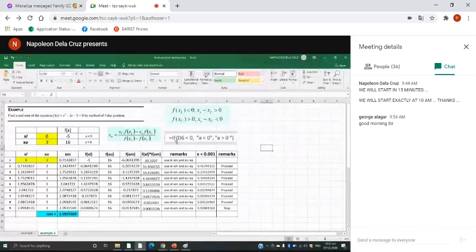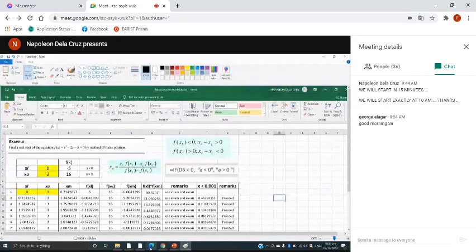If this cell is less than 0, this is the value. Otherwise, ito yun. If this cell is less than 0, the value is this one. Otherwise, ito. Tama ba? Clear tayo? Clear po.